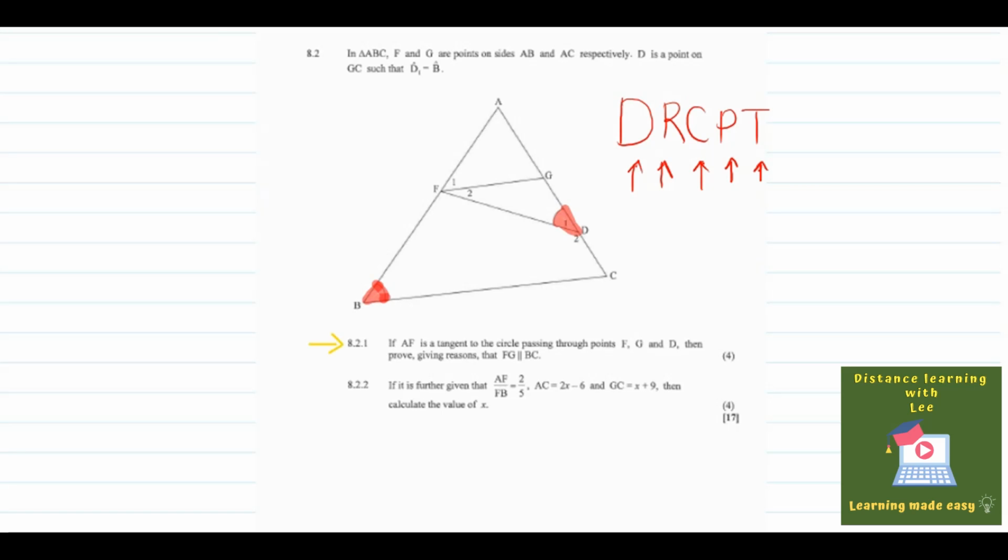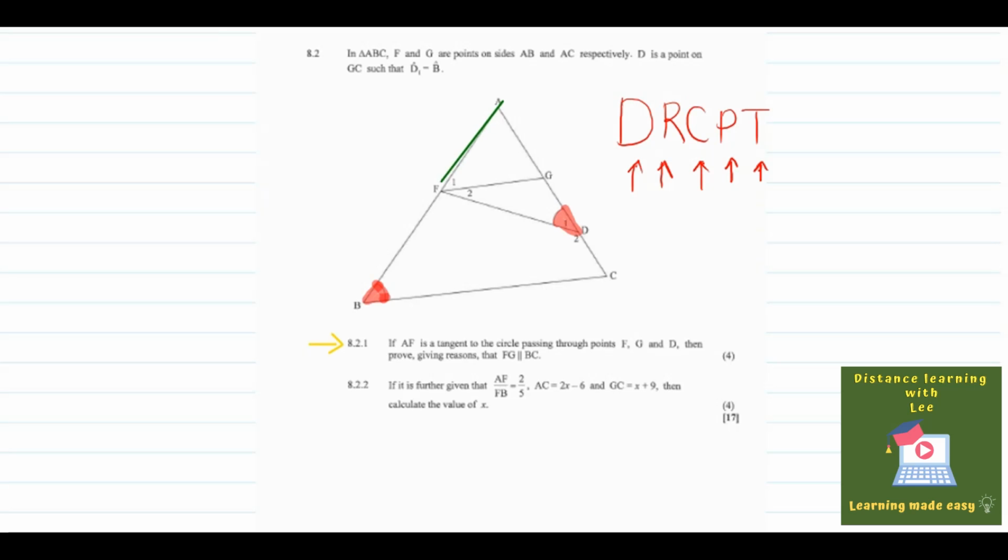Now looking at the question. If AF is a tangent to the circle passing through points F, G, and D, then prove, giving reasons, that FG is parallel to BC. So basically here they're telling us this is a tangent. Our line AF is a tangent, right?